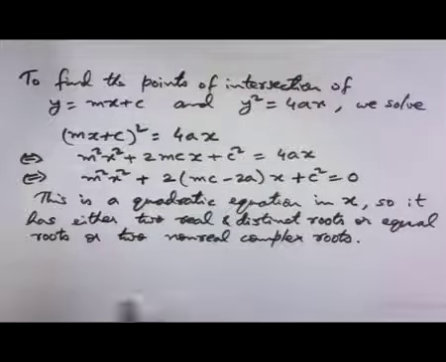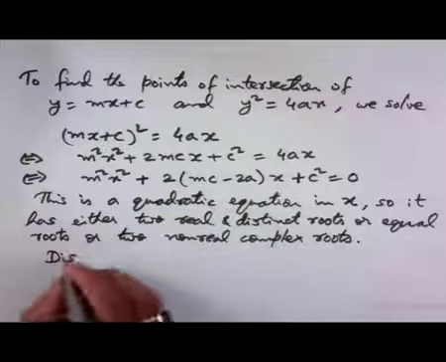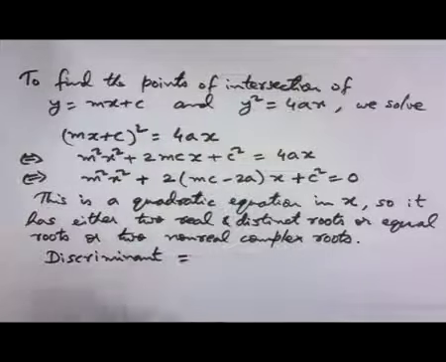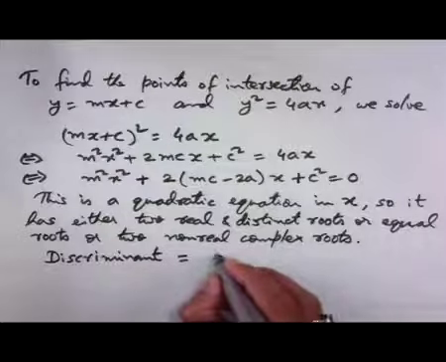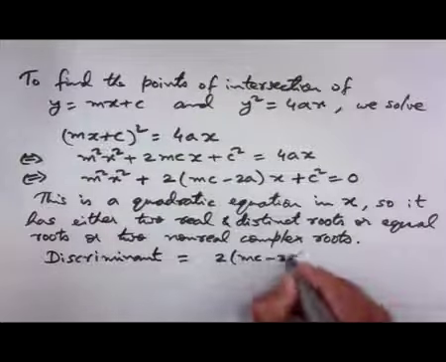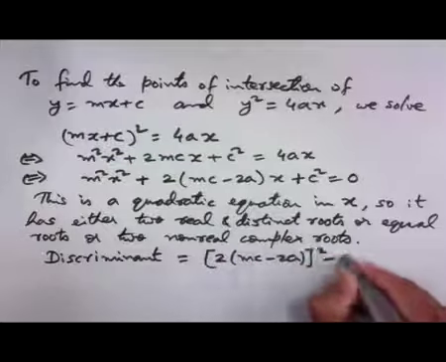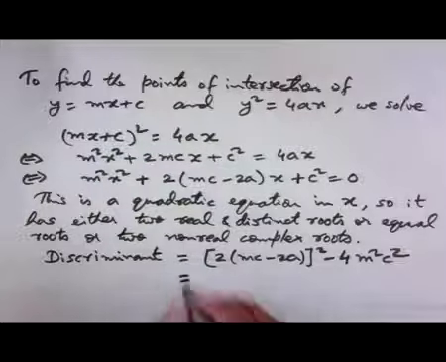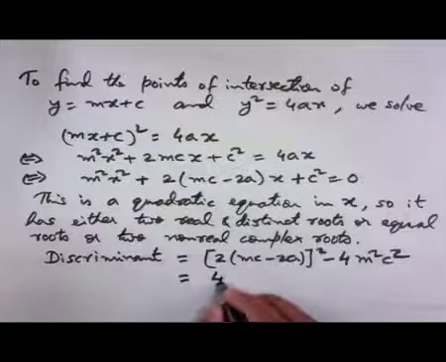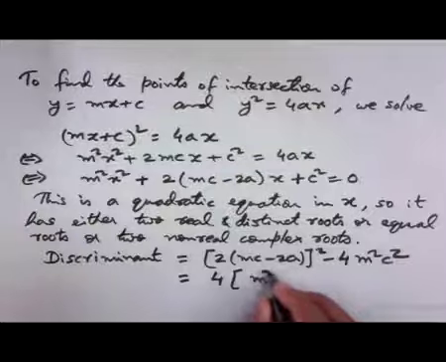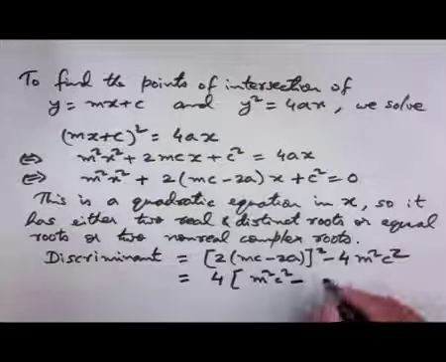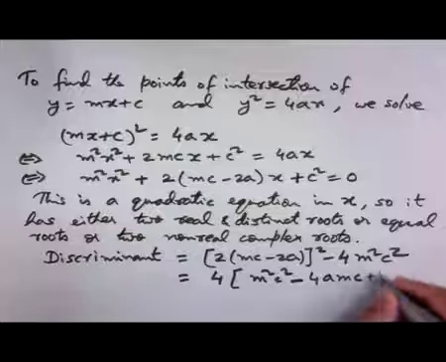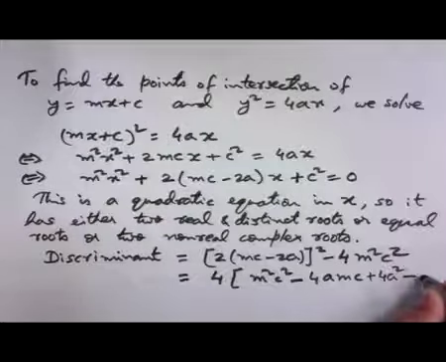The condition for that will be, if we find the discriminant of this quadratic equation, it is given by 2 m c minus 2 a square minus 4 times m square c square, which is equal to 4 you can take out, and then we have m square c square minus 4 a m c plus 4 a square minus m square c square.